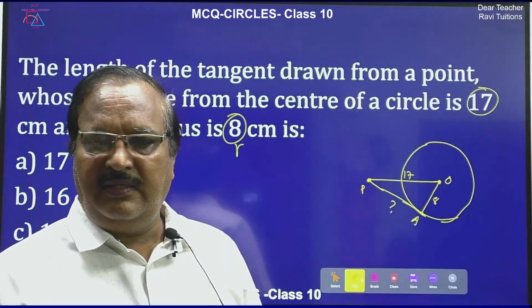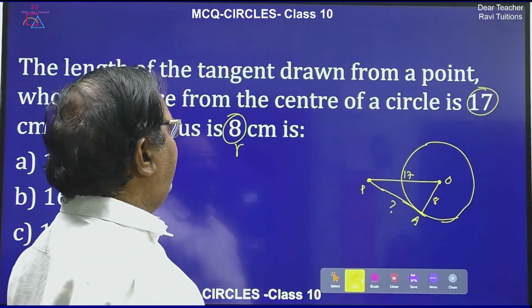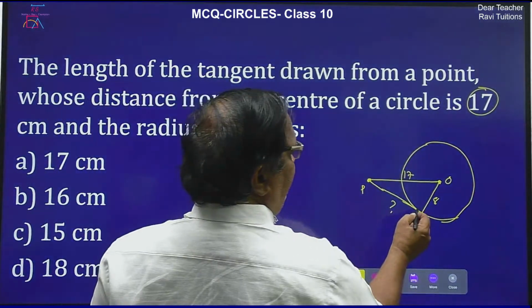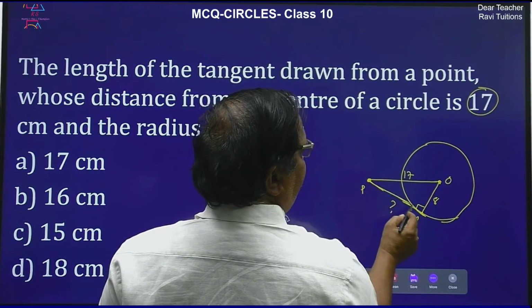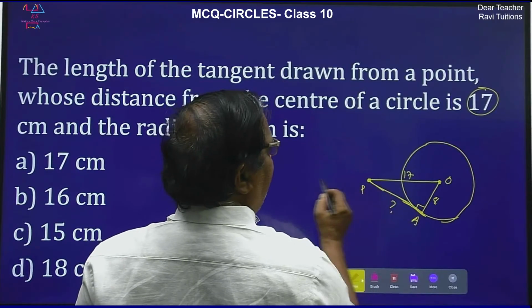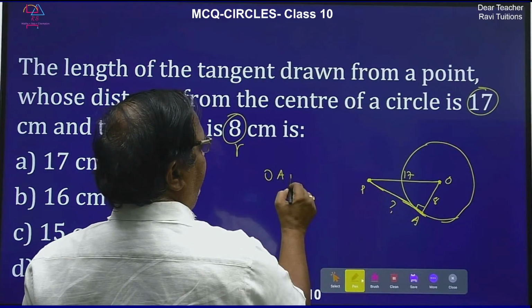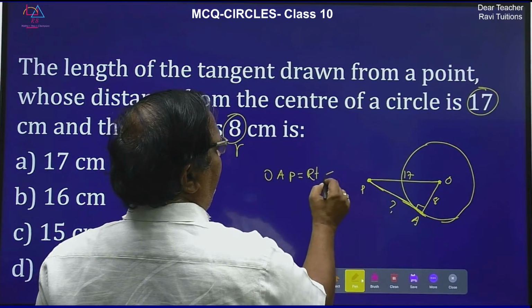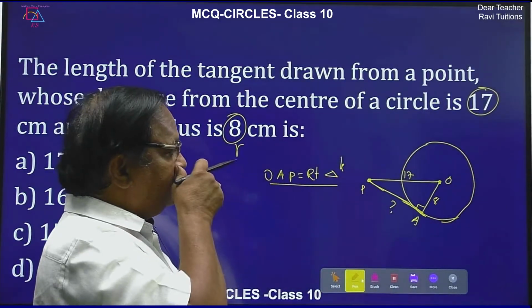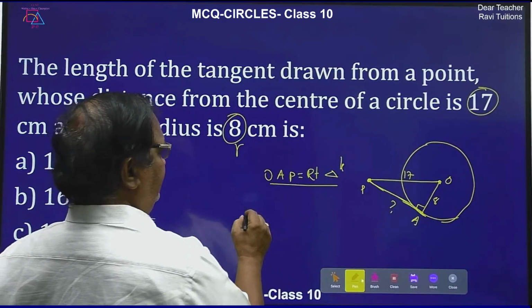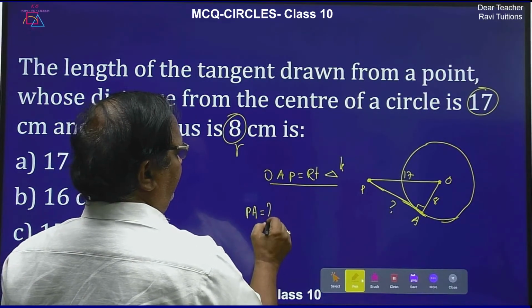Now here the radius is perpendicular. That is the first concept. The radius is perpendicular to the tangent and OAP is a right triangle. This is very common. We have to find out PA.